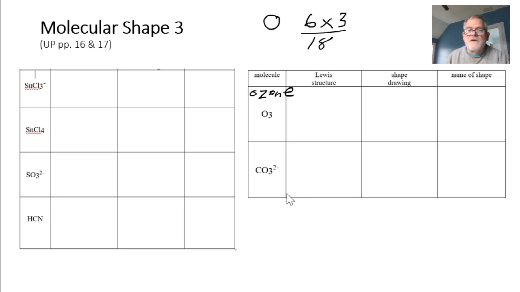Another thing that ozone does, if it's in the atmosphere, in the mesosphere, high in the atmosphere, about 80,000 feet in the air, you have what's called the ozone layer. An ozone layer in the atmosphere of the Earth blankets the Earth and protects us from the ultraviolet rays of the sun.